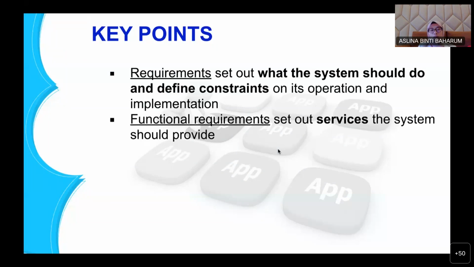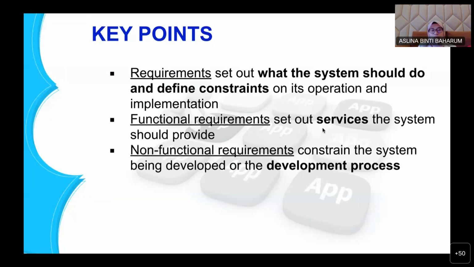In other words, functional requirement is about the service itself, the features and functions. The other is non-functional requirement, which is a constraint on the system being developed or the development process, such as reliability and the delivery process.